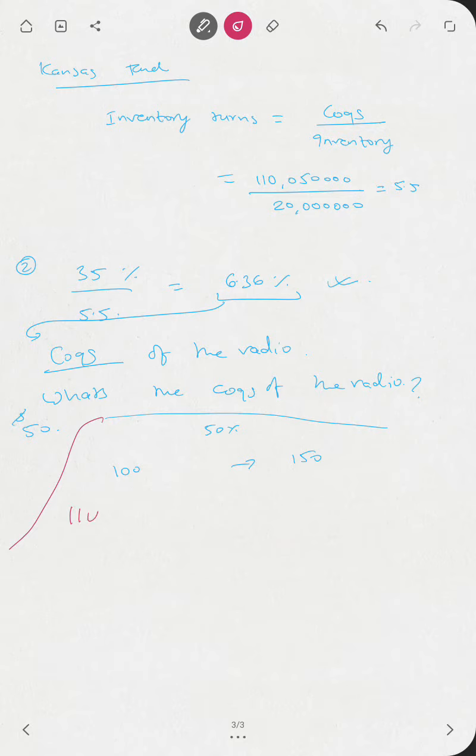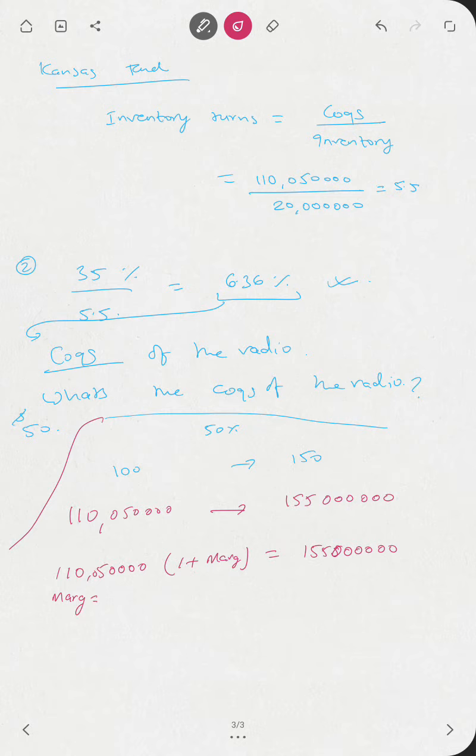Similarly, you bought something for $110,050,000. You sold it for $155 million. What is the margin? Well, the margin really is $110,050,000 multiplied by 1 plus this margin, whatever that is, must be equal to 155 million. If you solve this, the margin will come to be about 41%.